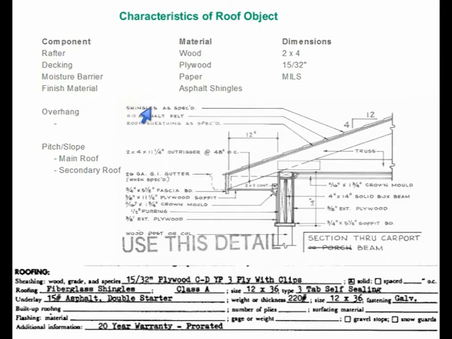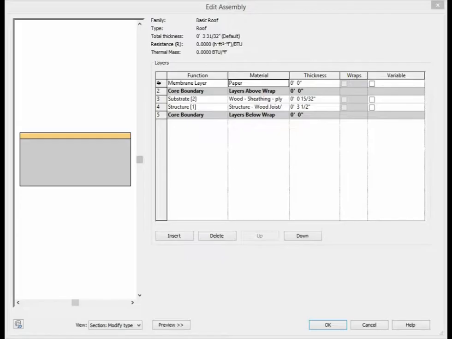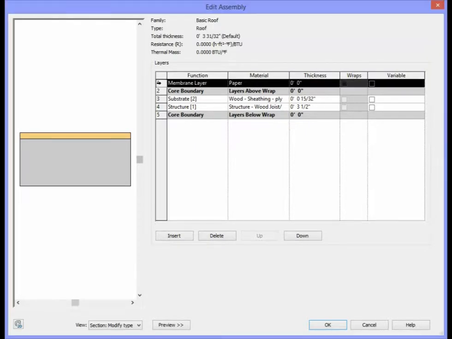The finished material for the roof object are the shingles. The shingles are applied after the building paper has been attached to cover the sheathing. To add the shingles, you will select layer 1 in the edit assembly and select insert.